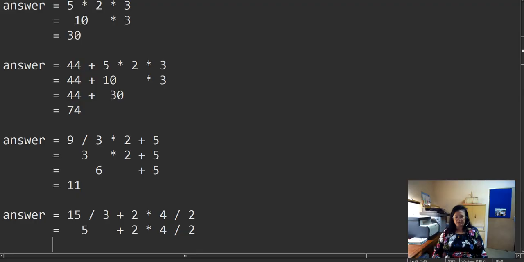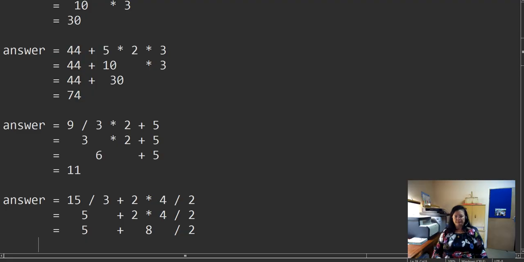As the next step, I will have the 2 multiplied by 4. So I get 8, and the rest appears as is. Okay, as the second last step really, 8 divided by 2 would give me 4.